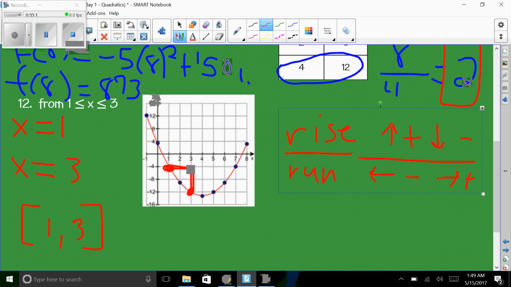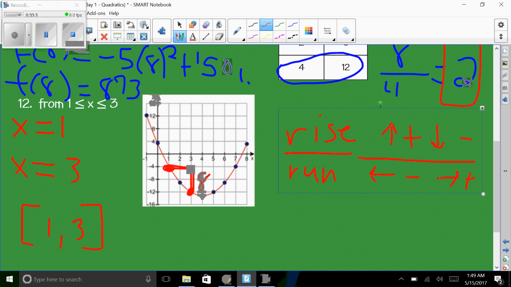So you gotta be careful because I made this mistake the first time. It looks like 2 blocks, so I wanted to say 2 at first, but you gotta look at the y-axis. It goes from negative 12 to negative 4. So really it's going up 8 units from negative 12 to negative 4.